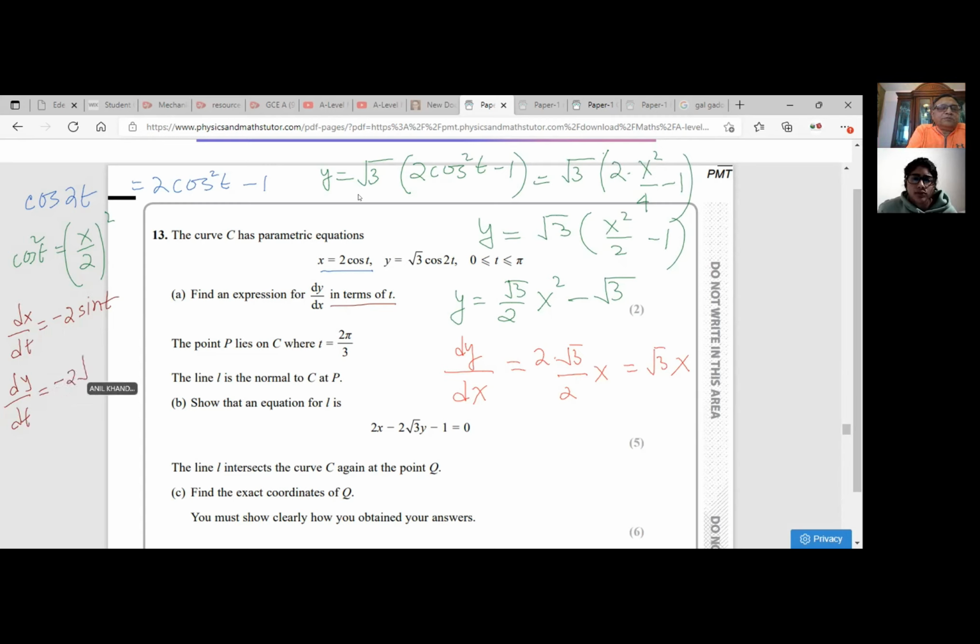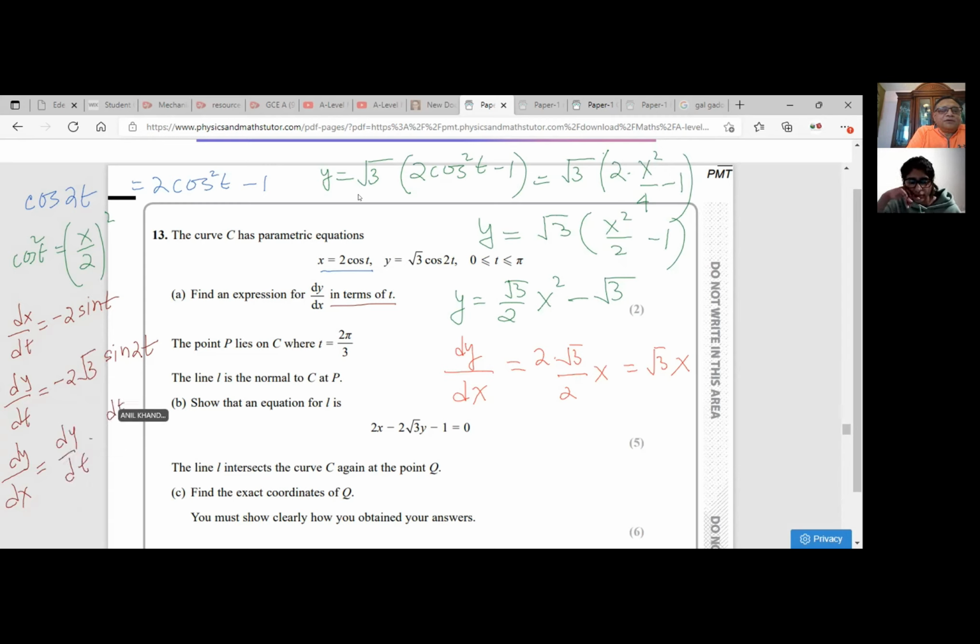Square root 3, right? When I looked at it again, I realized where I went wrong in my question. So dy dt is minus 2 square root 3 sine 2t. Therefore dy dx: you have to flip the dx dt, so 1 over that, because we want dy dt times dt dx.